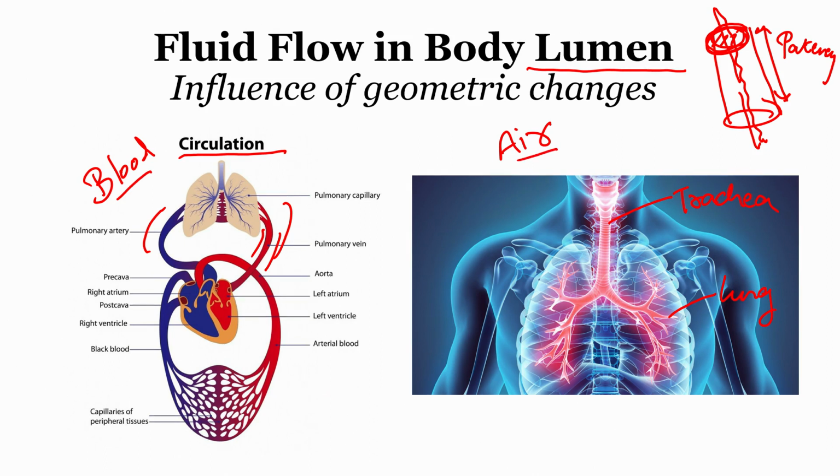So, the parameters you need to consider would be different. The density of blood is different from the density of air, and how do these influence a healthy case, and in case there is a disease, how does the fluid flow change, and what role does geometry play in the normal, healthy and the disease condition.